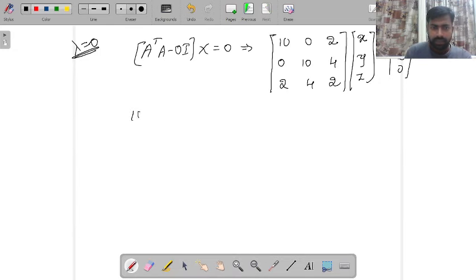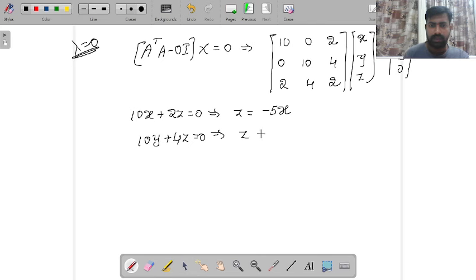Now the equations are 10x plus 2z equal to 0. From this, x is negative z by 5. And from the second equation, 10y plus 4z equal to 0, this implies y equal to negative 2z by 5.